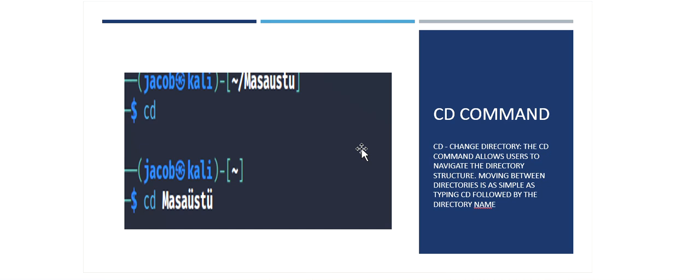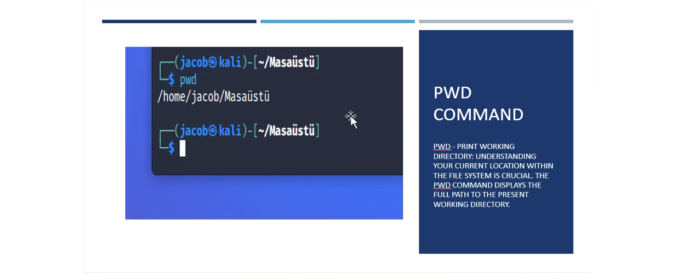You can move between directories. As you can see, when you write cd, you can change your directory. The pwd command means print working directory. The pwd command displays the full path of the present working directory. When you write it, you can see which directory you are in.